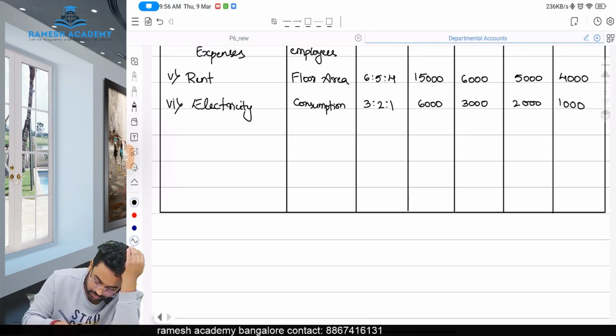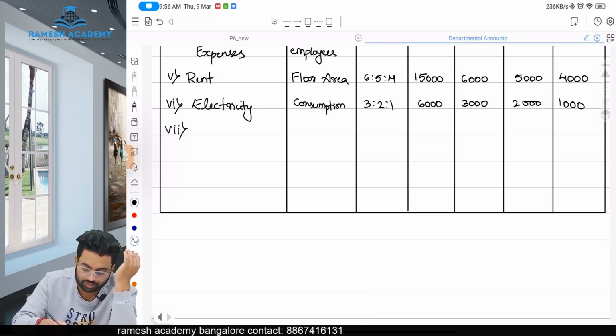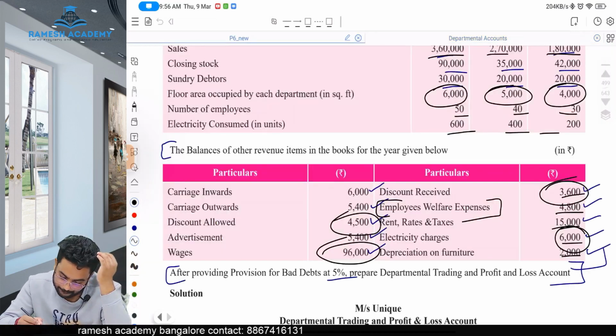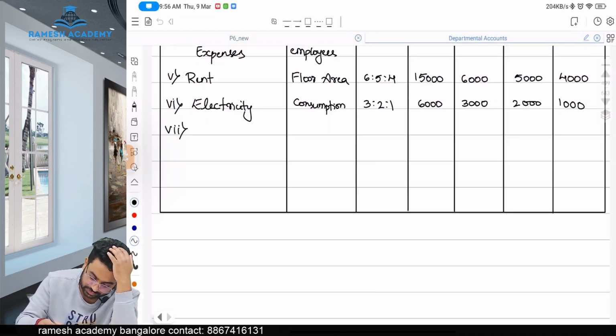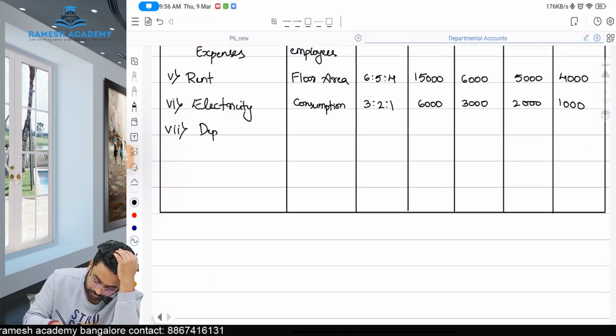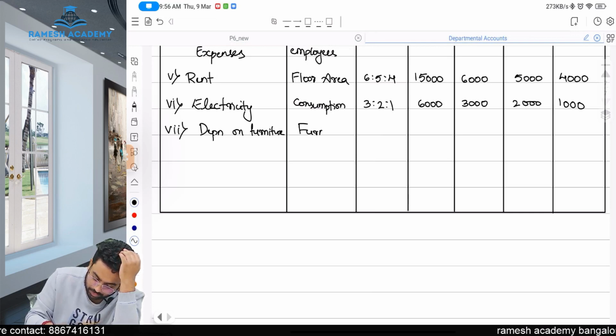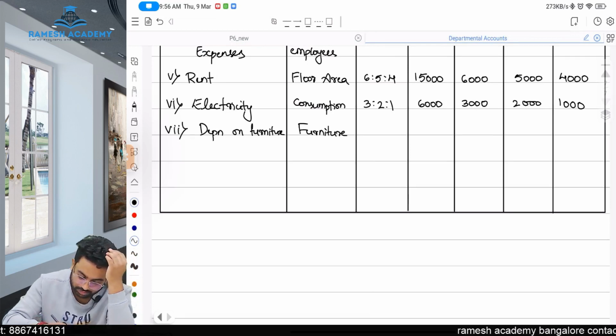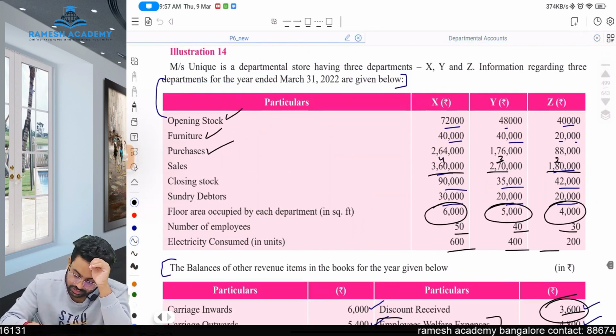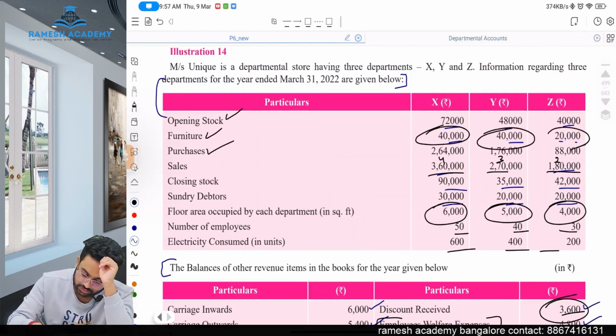Electricity is done. Next is the seventh one, depreciation on furniture. They have given the value of furniture, so upon that only we can allocate, right? Because what else can you do? Furniture they have given 40,000, 40,000, 20,000, which is 2:2:1.